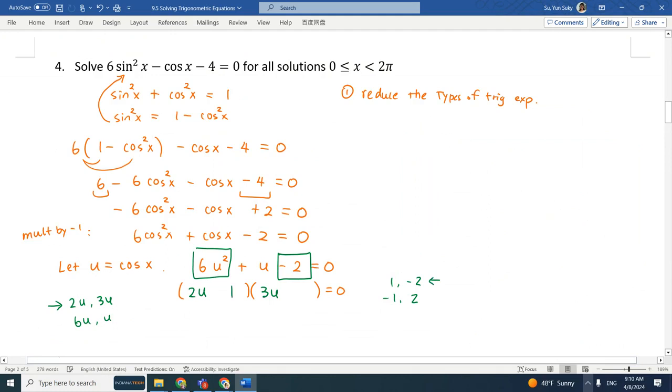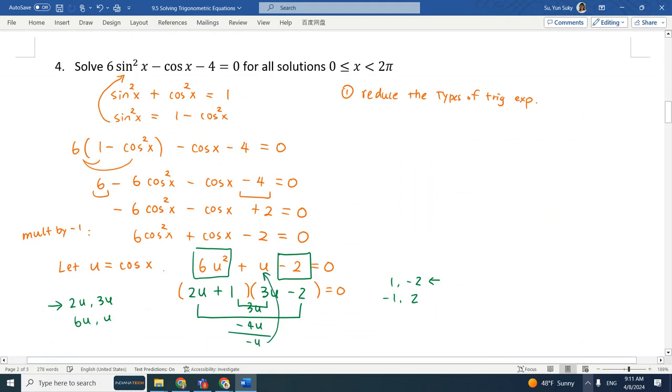Let's put 1 here and -2 here and see if that works. So we multiply the outside. What do we get? -4u. Multiply the inside. What do we get? 3u. And when we add them, we get -u.